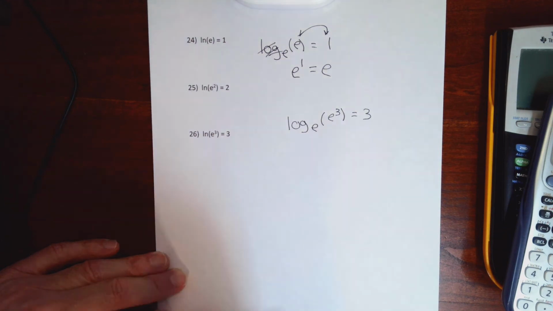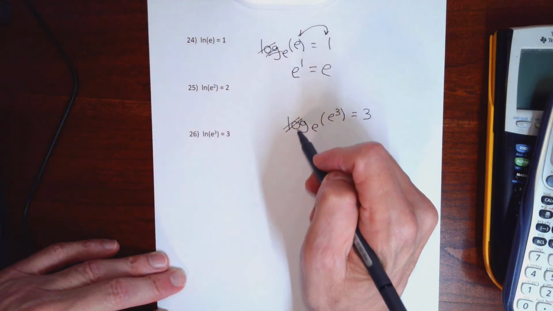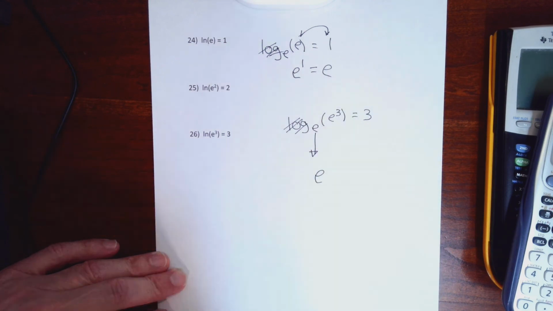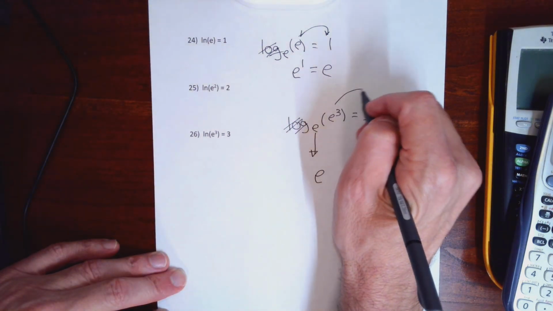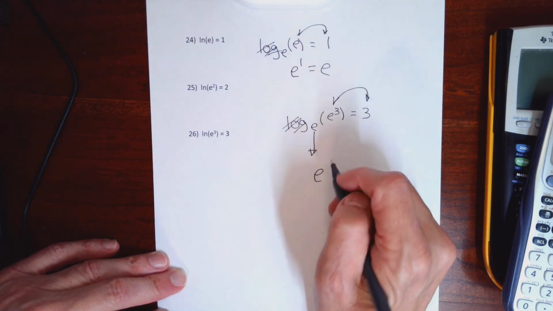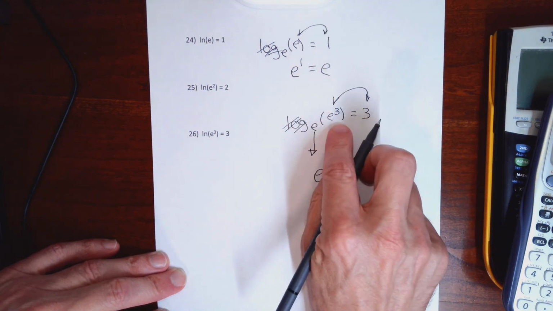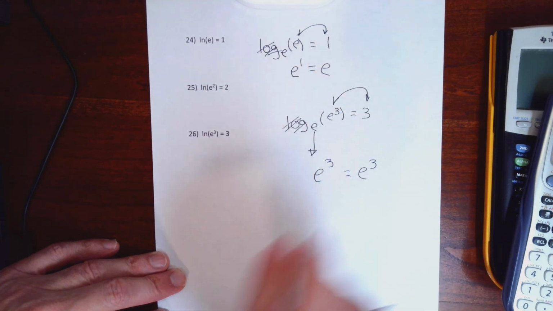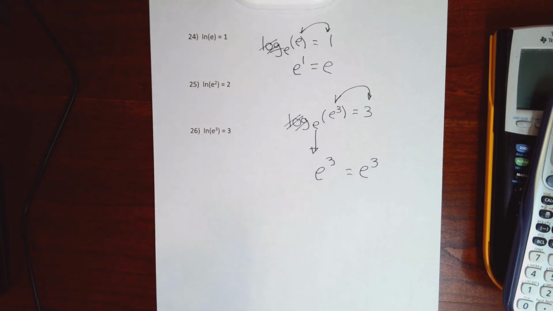So here, to write this in its exponential form, cross out the log. The e is going to be the base. And then I'm going to flip-flop. The 3 that was to the right of the equal sign becomes the exponent. The argument of e cubed goes to the right of the equal sign. And that's most clearly a true statement.